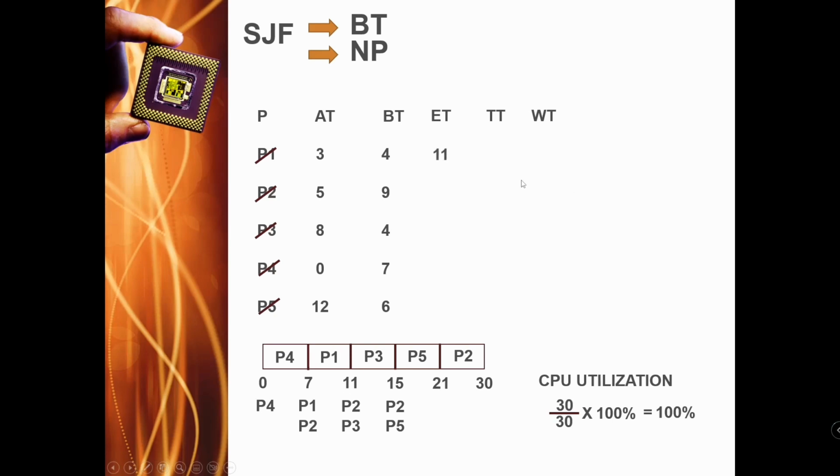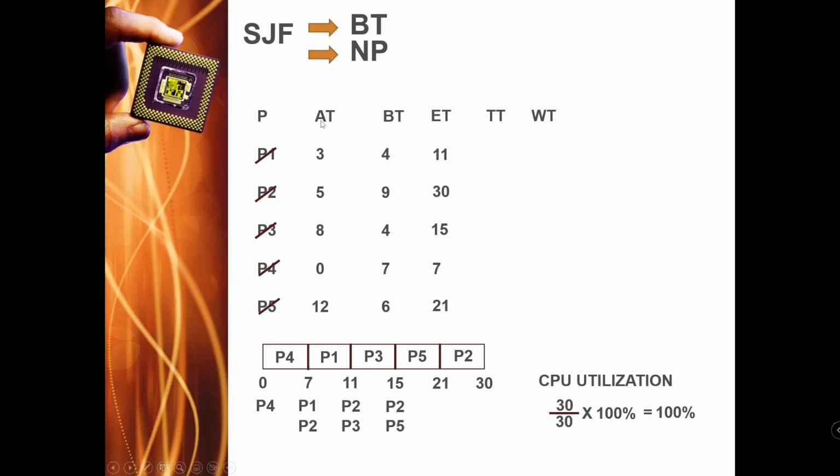So, time 11. And P2 has ended at time 30. And P3 has ended at time 15. P4 has ended at time 7. Ito. And P5 has ended at time 21.